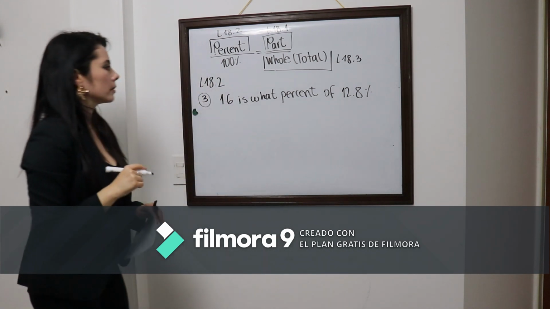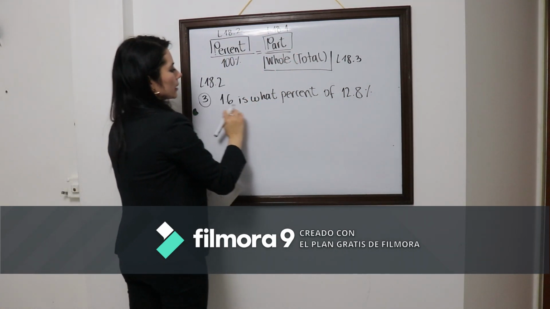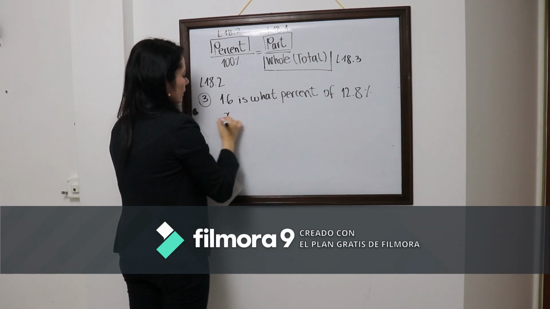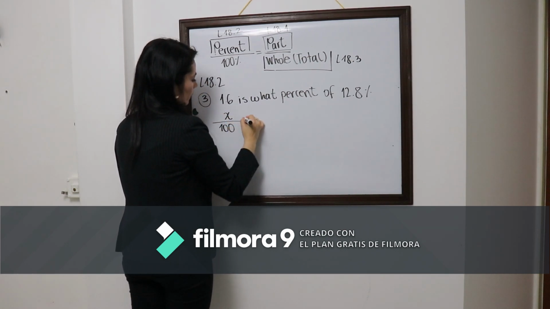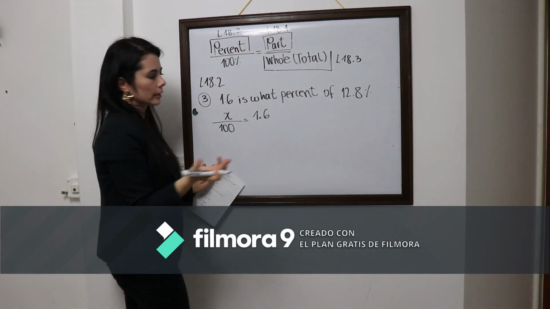Okay? So again, it's just a matter of using this proportion. So I know 1.6 is what percent? So I know x is going to be here. And 1.6 is the corresponding part to the percent.